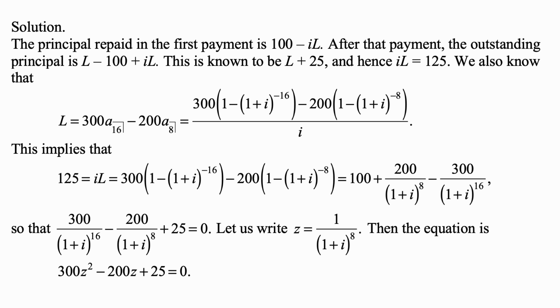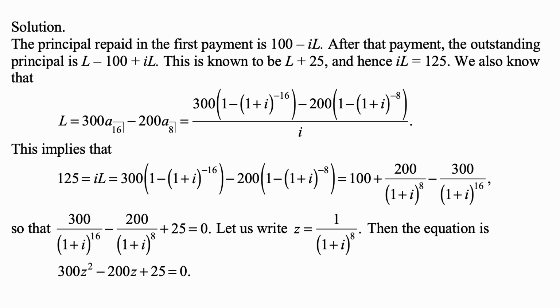After that payment, the outstanding principal is L minus 100 plus iL, but that's really L minus the quantity 100 minus iL. And this is known to be L plus 25, and so iL is 125. So the principal repaid in the first payment is negative 25, meaning that principal balance increased.